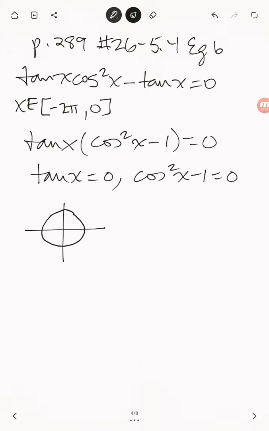We want tan x to be 0, which means we want sine x over cos x to be 0. So we need to think about where sine x is 0, so that the numerator is 0 on the unit circle. And sine x is 0 at 0, pi, and 2 pi normally.